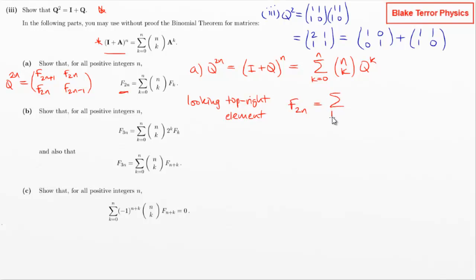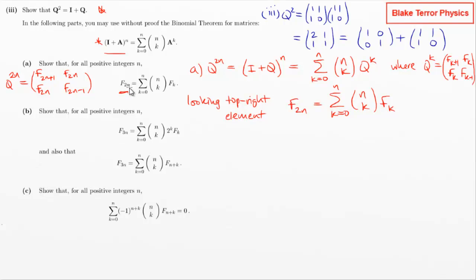That is going to be the sum from k is 0 to n of n choose k, but then q to the k would have an fk in that particular element, because that's what you get in q to the k. So maybe put in where q to the k is fk plus 1, fk, fk, fk minus 1. So just squeezing that in. But you can see how we're just adding up all of those fk's to get the f2n.